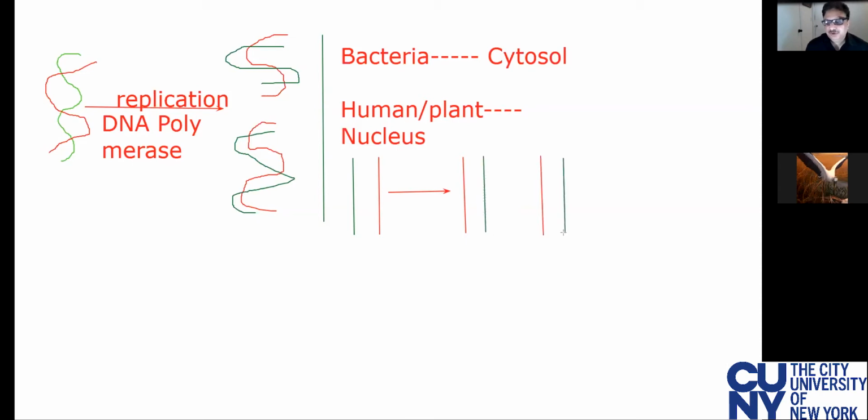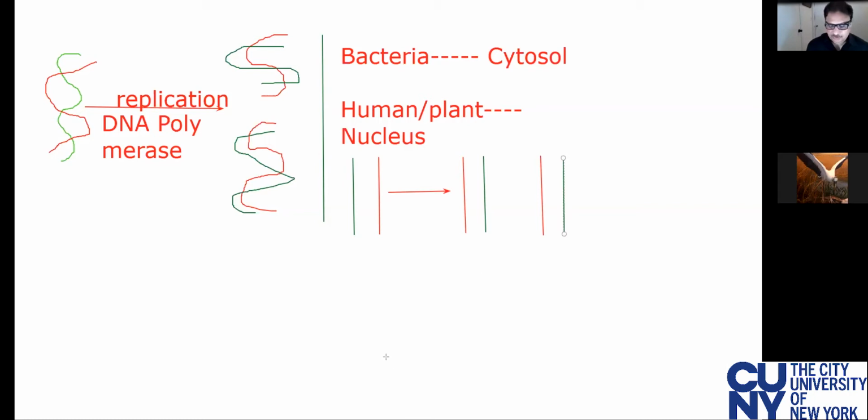So fidelity, the loyalty, has to be guaranteed, because even a single change in a nucleotide can give rise to a serious mutation. So this is essentially the basics of replication.